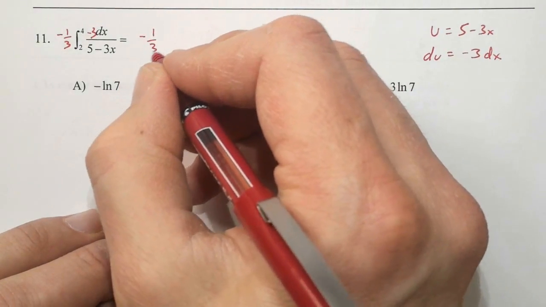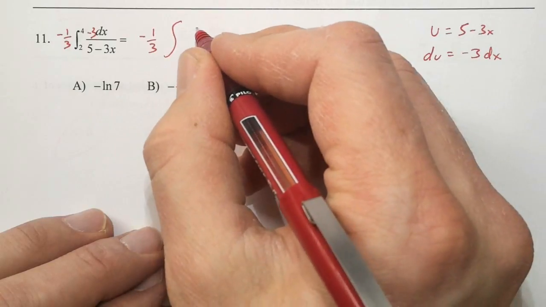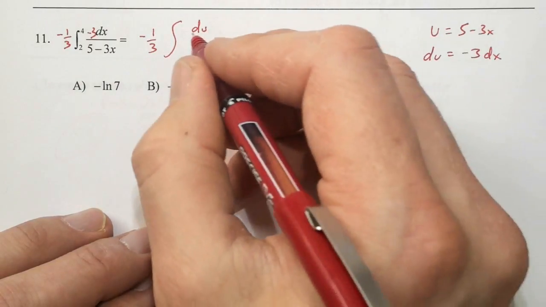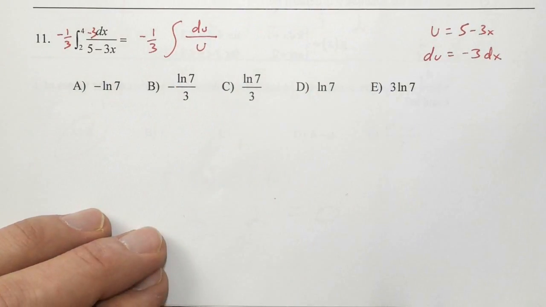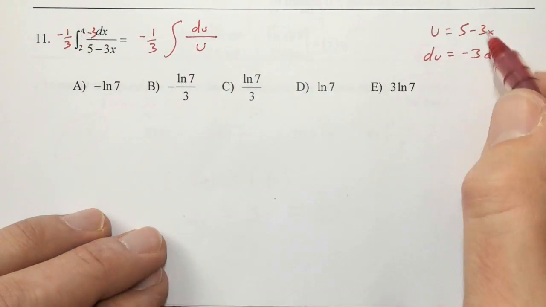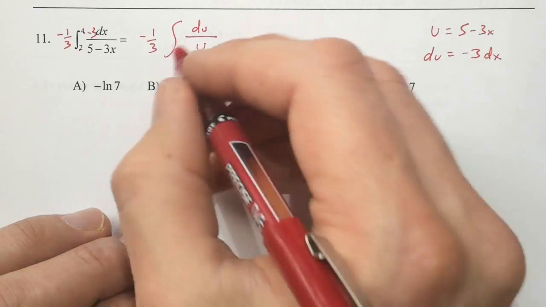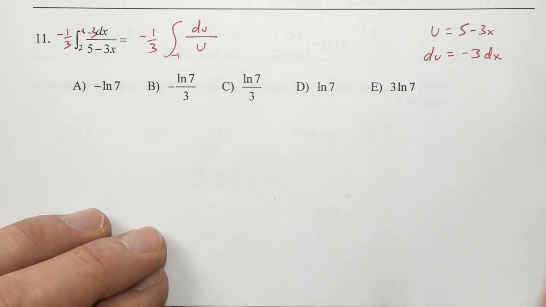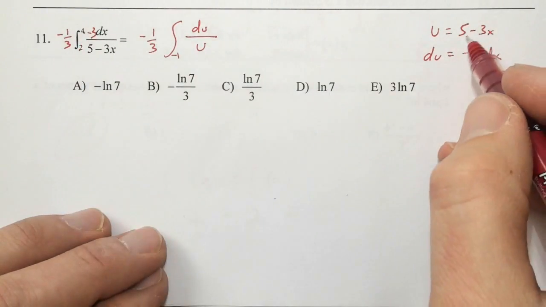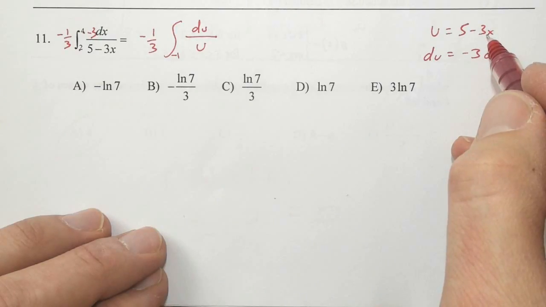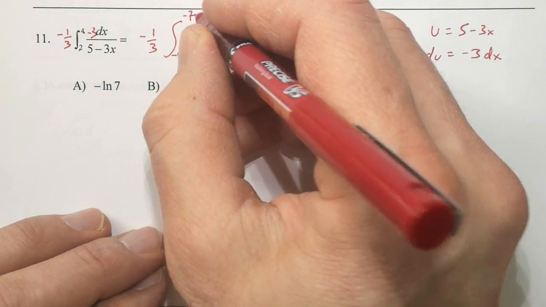We have negative 1/3 antiderivative, du in the numerator, u in the denominator. We have to plug in the 2 and the 4. When we plug in 2, we have 5 minus 6, or negative 1. When we plug in the 4, 5 minus 12, or negative 7.